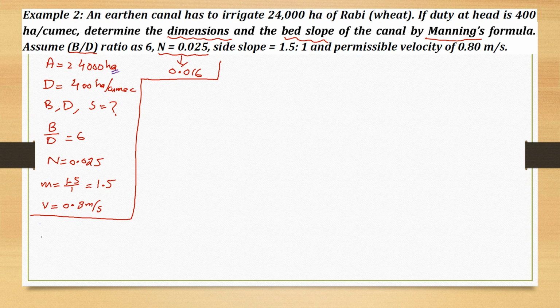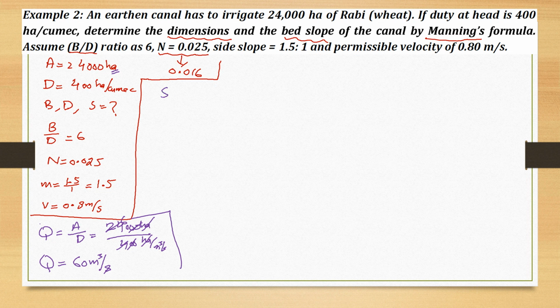So simply we can determine Q by using this formula. Q is equal to area by duty, and the area here is 24,000 hectares, and the duty here is 400 hectares per meter cube per second. So hectare will be cancelled, and Q will be equal to 60 meter cube per second. Now we can move on to step 1.